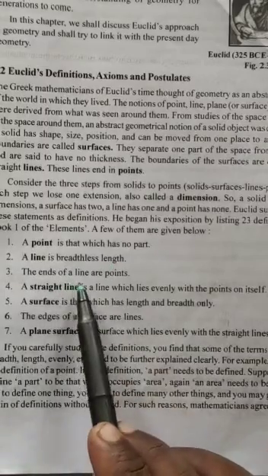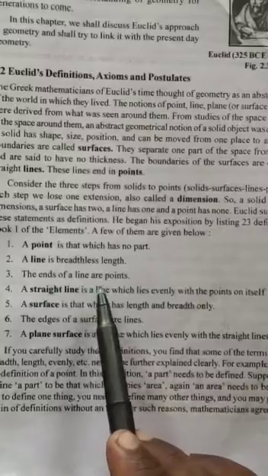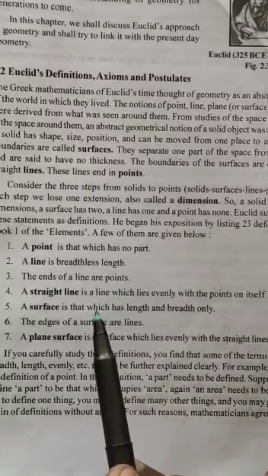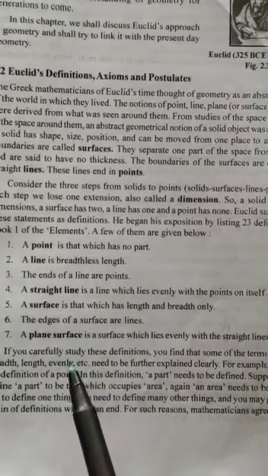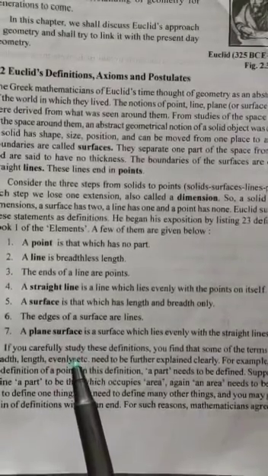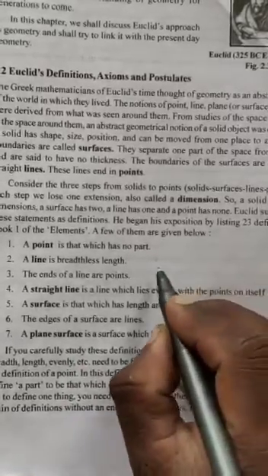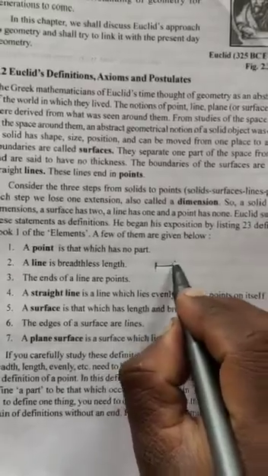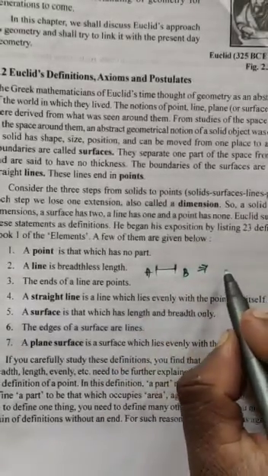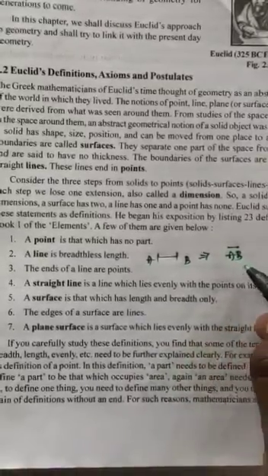The ends of a line are points. A line segment has two end points. It has only one dimension, that is length, there is no breadth, and it can be denoted as AB.